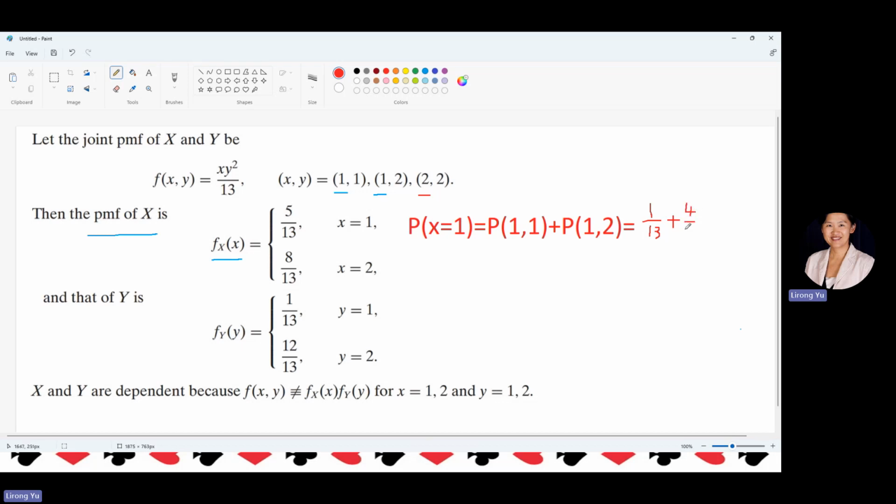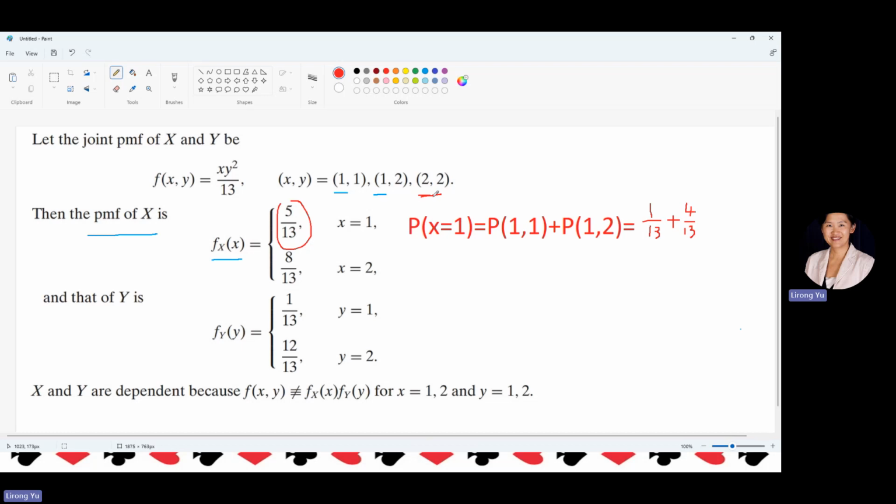After adding, we get 5 over 13. That's how we come up with the first number there. The second number has no problem. There is only one situation, (2, 2). For x equal to 2, y equal to 2, that's 2 times 2 squared, which is 8 over 13.